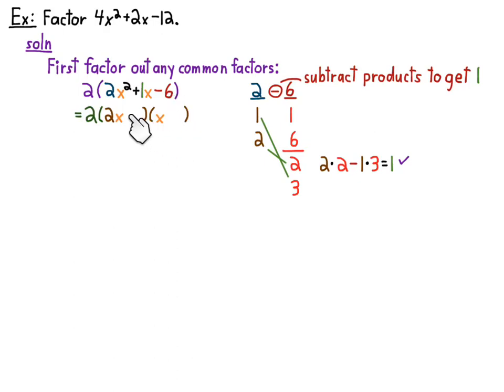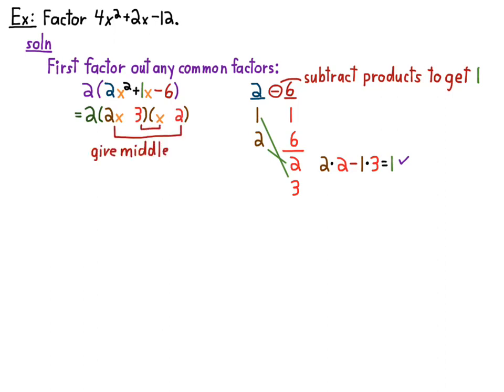But I don't know whether the minus goes here or here, so I'll do that last. So I need 2 times what? 2 times 2. So this red 2 goes in the opposite factor of the brown 2. So it goes over here. And then the 3 will go here.